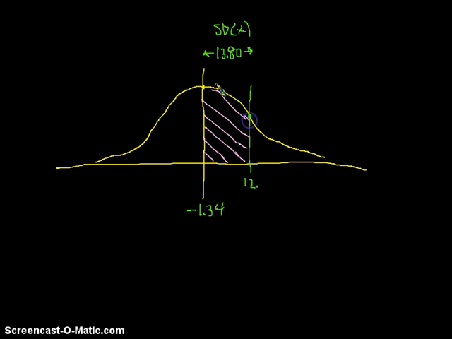So the probability of ending up somewhere in this area between losing $1.34 and gaining $12 and something, that would give us about 34% of the entire normal curve, or there'd be a 34% probability of ending up somewhere between here.